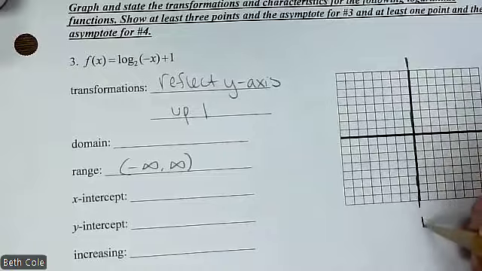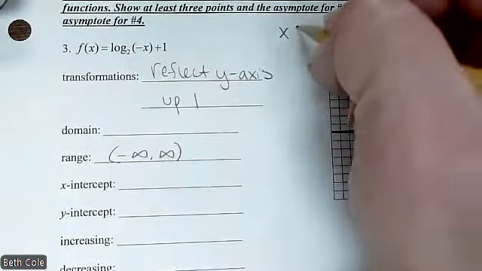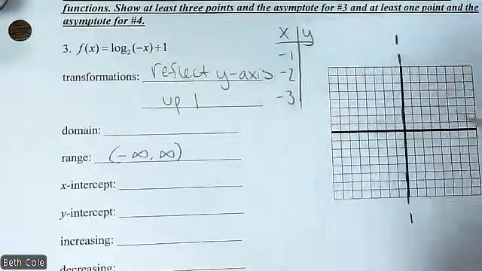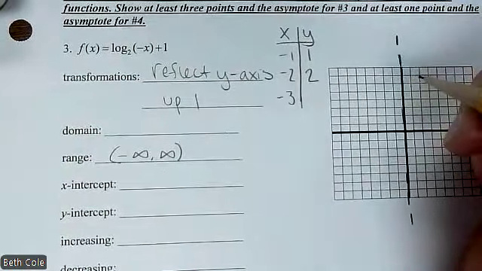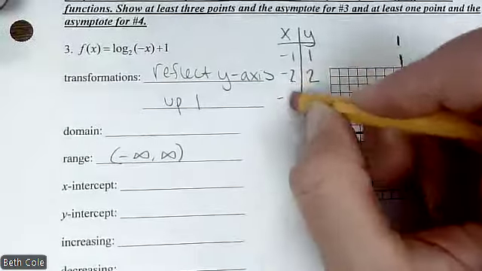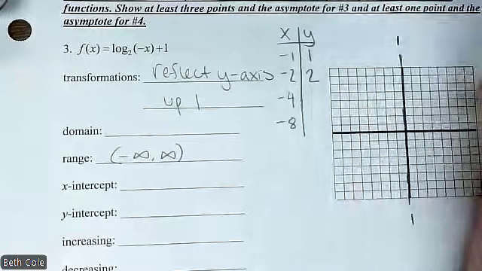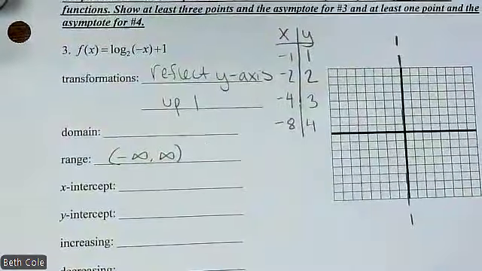All right, guys, if you want to watch me work through this one, I'm putting up your answers for number 3. So, what happened? Oops, that's not good. So that would be going on -8. You can do more than 3 points if you want to.